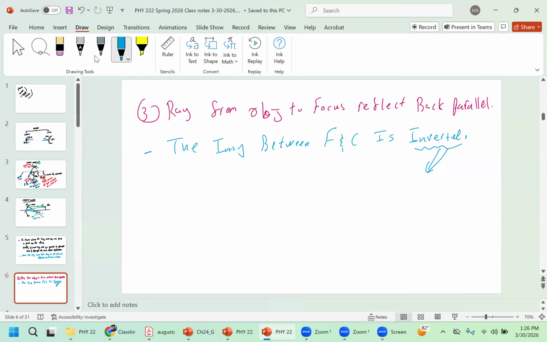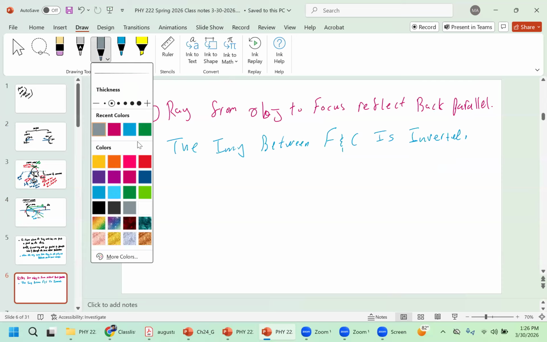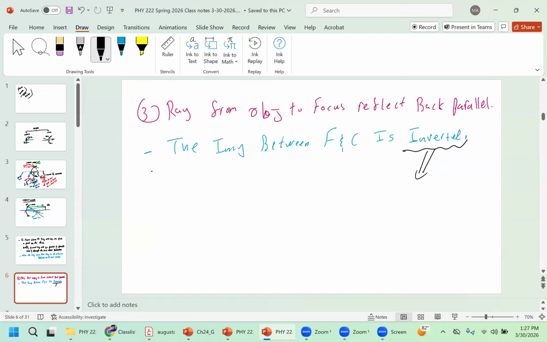It's inverted because it's a real image. I'm running out of room.